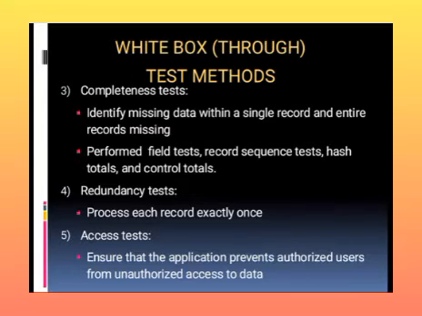Fifth is the access test, which ensures that the application prevents unauthorized users from gaining access to data. So access controls include passwords, authority tables, user-defined procedures, data encryption, and inference controls.